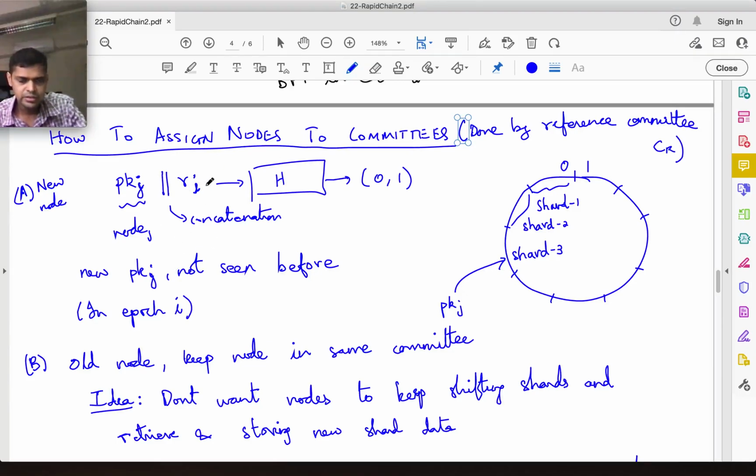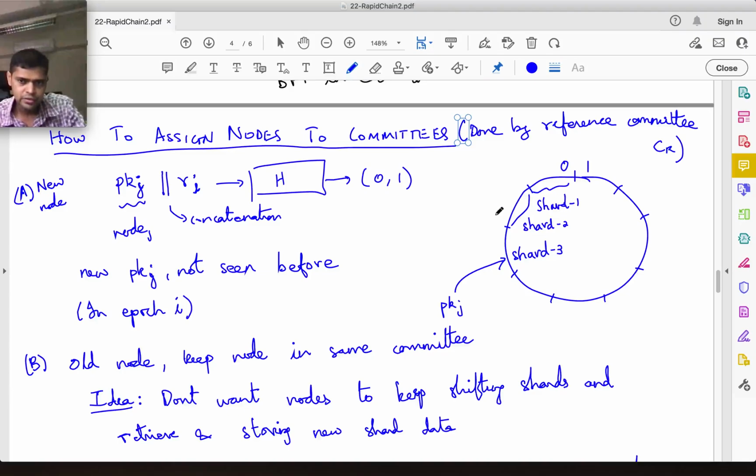Various nodes are going to submit their POW solutions to the reference committee. The reference committee does this mapping, and finally after all this mapping it will list in its block the current committees, or the public keys for all the committees for the various shards. In the next epoch, some of them are going to get kicked out by the cuckoo rule in order to take care of these leave and join attacks.